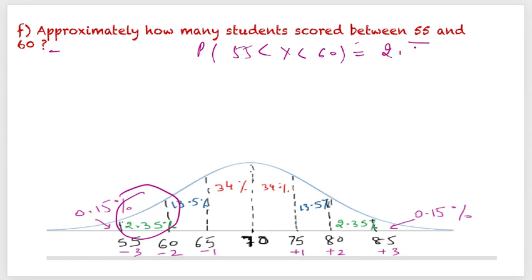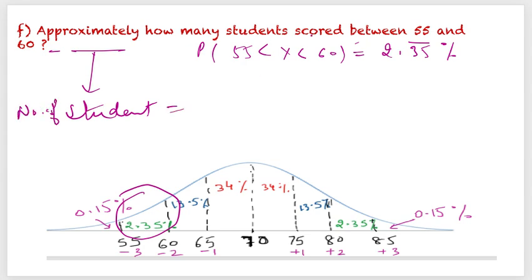We have only one case, that is 2.35, and that means the approximate number of students in this range is 2000 into the probability. When I write it in probability, we divide by 100, and when you simplify it, it will give you 47.